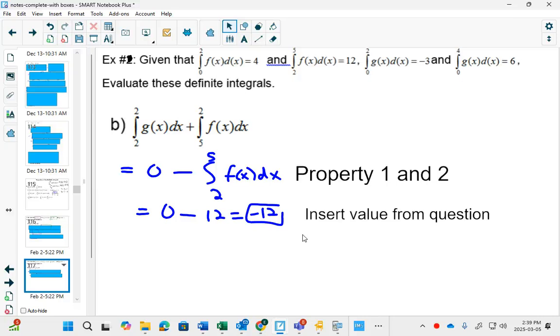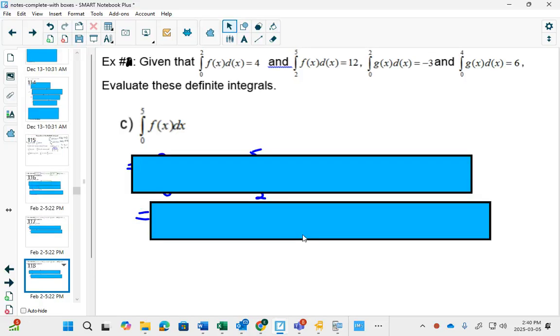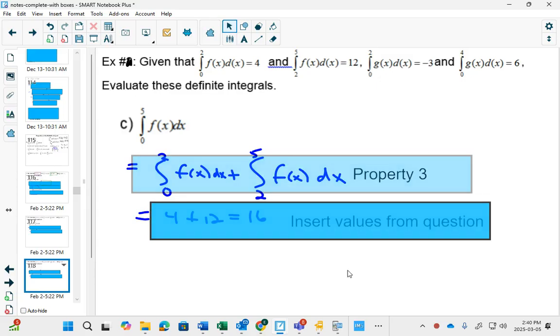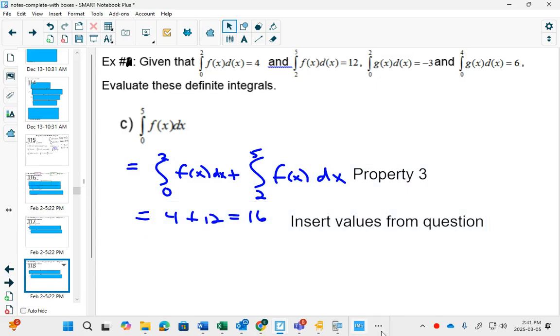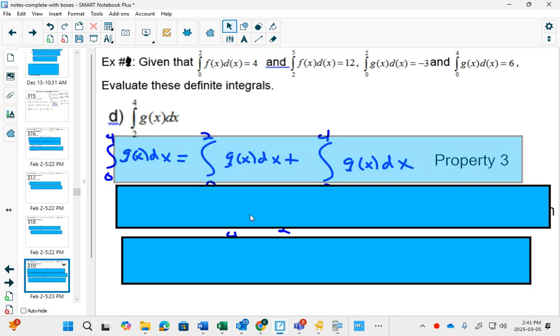Does it make sense that if you go from 2 to 2, you would have no area? And there's the answer for the 3rd one. All right, here's the 4th one.